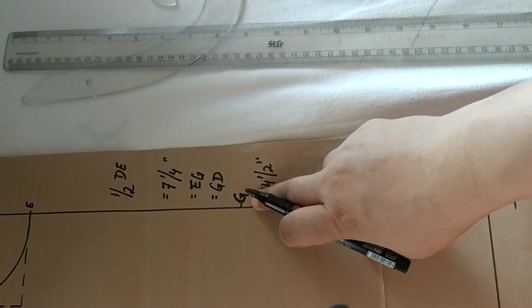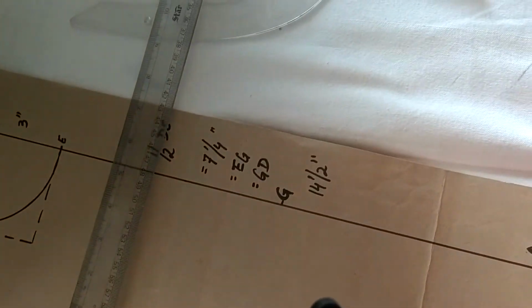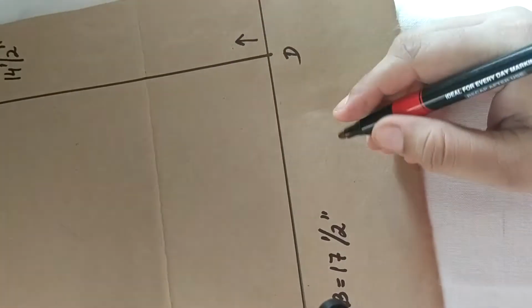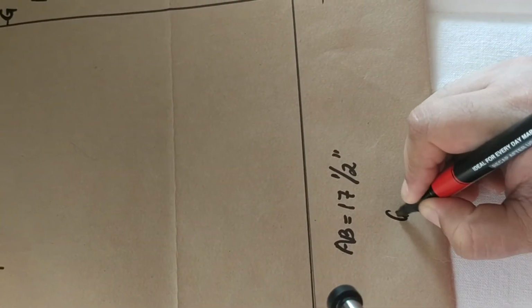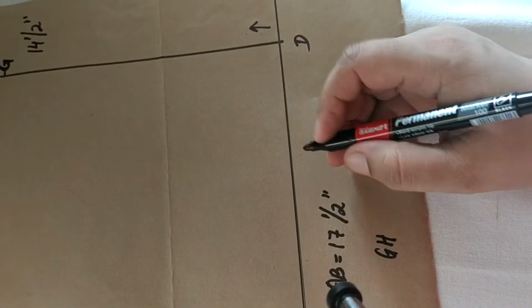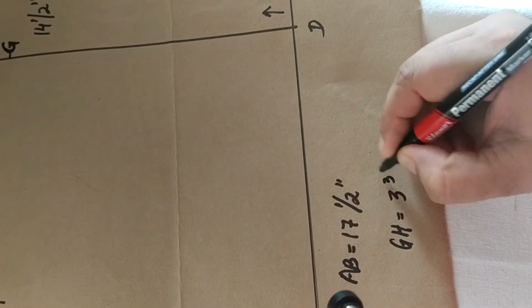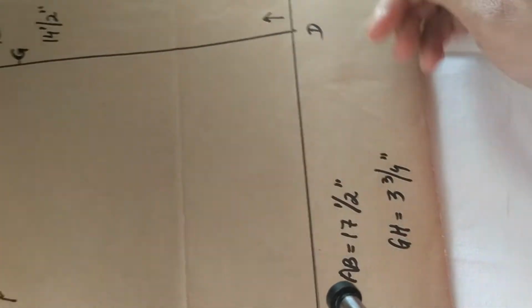After marking this point G, now I need to take the apex measurement. Apex measurement for size 34 is 3 by 4 inches. So I write down here G, and the next point will be H, which is equal to 3 by 4 inches.